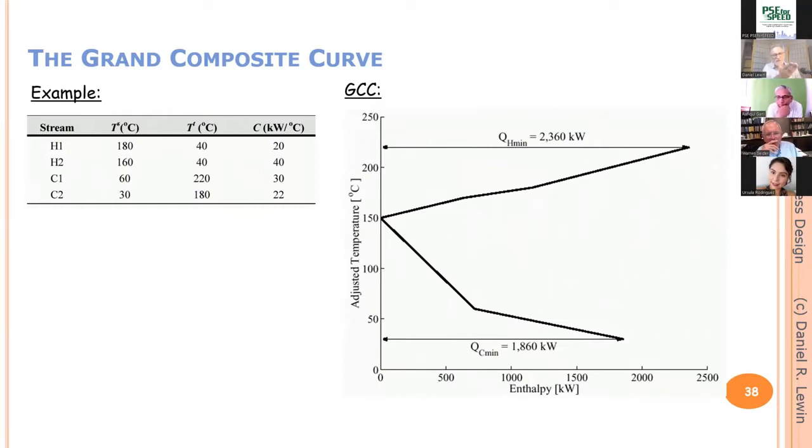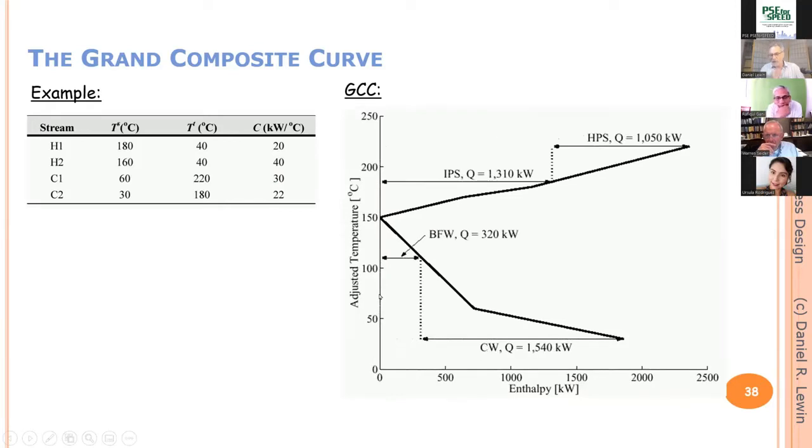So, for example, for this very simple system involving 2 hot and 2 cold streams, we have a hot target of 2,360 and a cold target of 1,860 with a pinch temperature at 150 degrees centigrade on the cold side. Now, we could implement this design with just one heat utility, anything above 220 degrees centigrade, and one cold utility, anything under about 30 degrees centigrade.